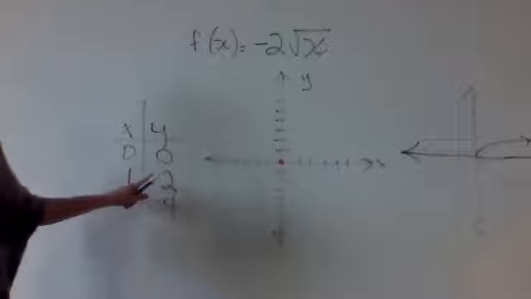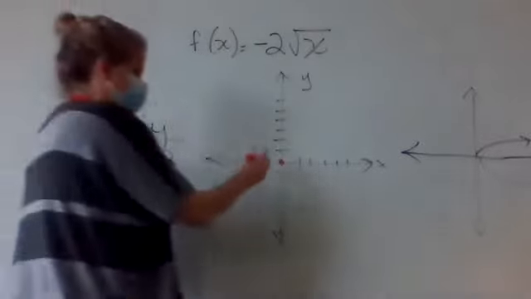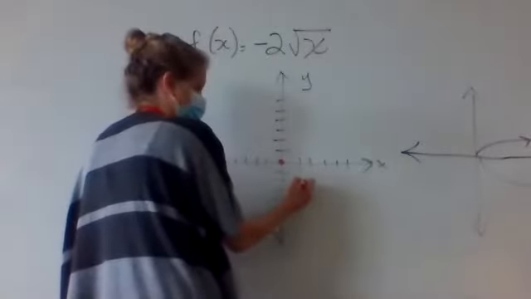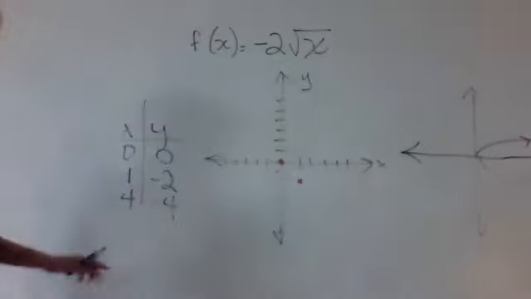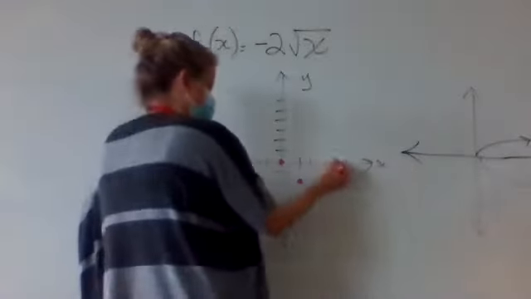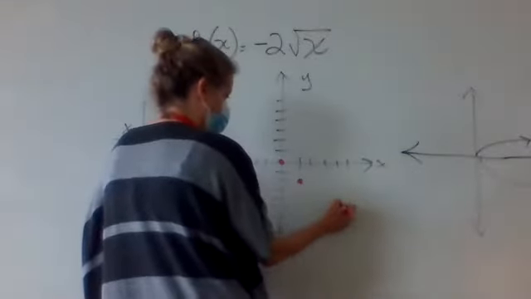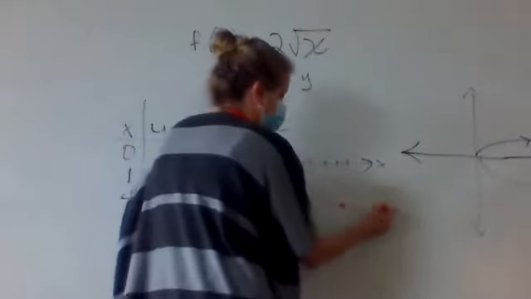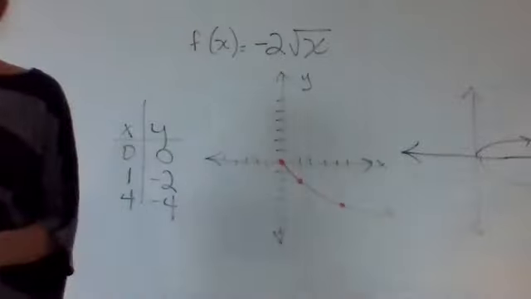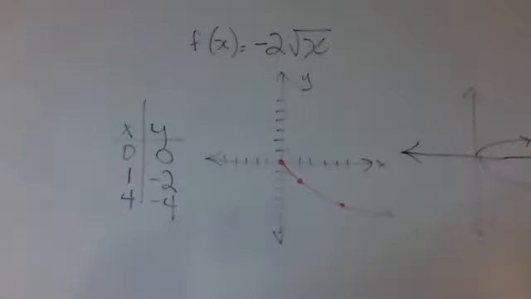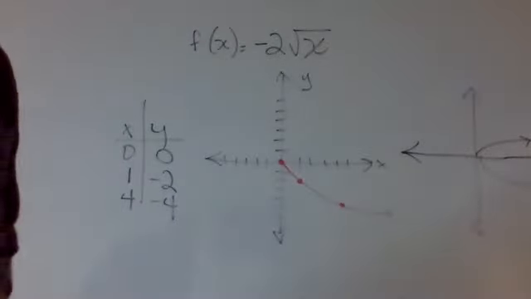Then there's (1, -2), which is to the right 1 and down 2. So that's why it flips upside down, because that's where your next point is. (4, -4), so to the right 4 and down 4. So you'll see that negative just flipped it upside down, which would be A.